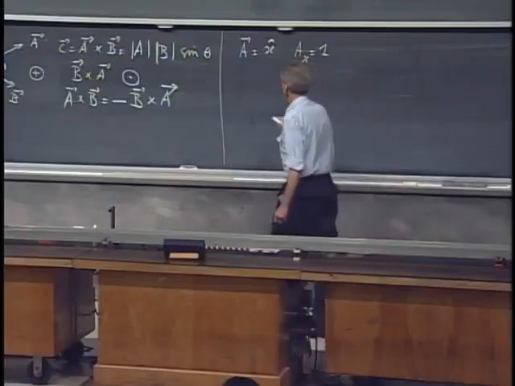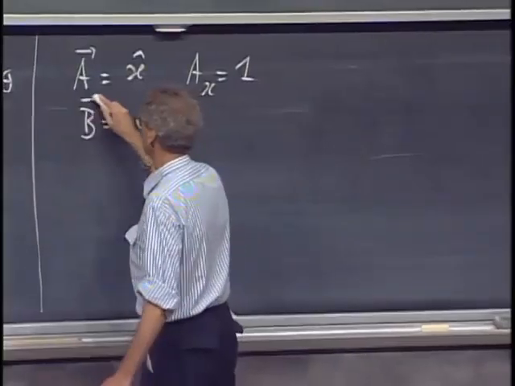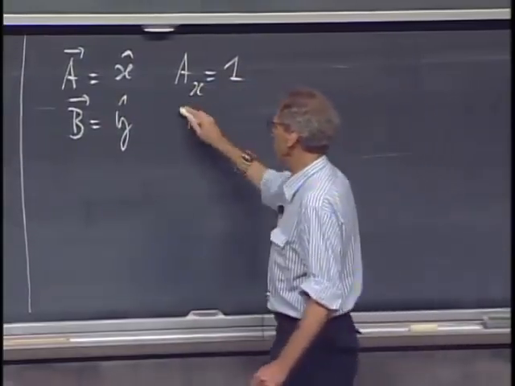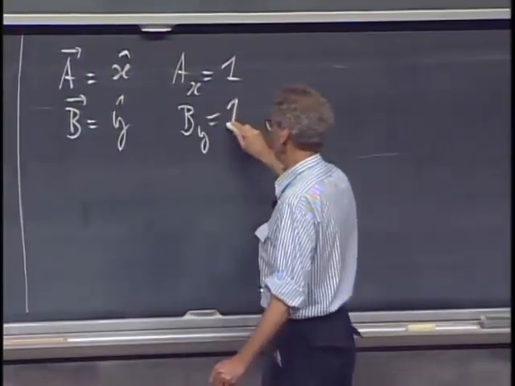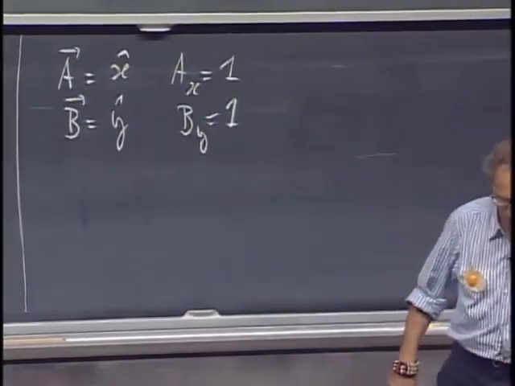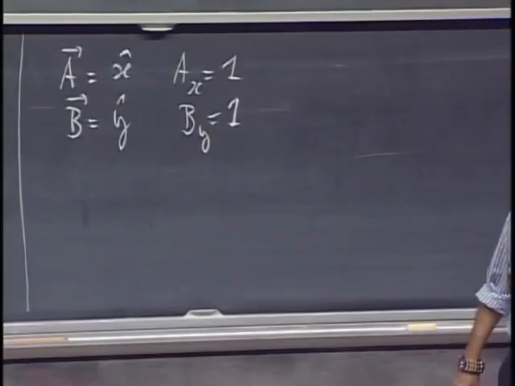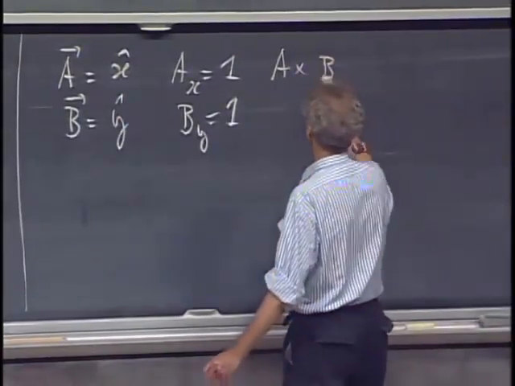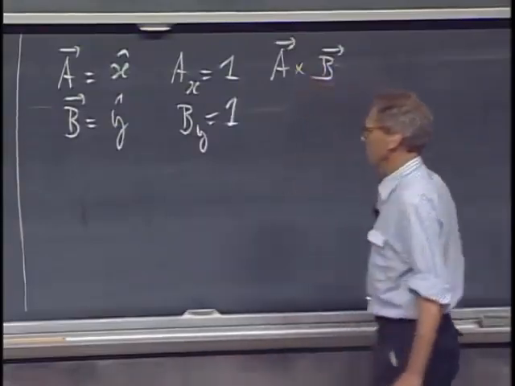And suppose B is y roof. That means B of y is 1, and B of x is 0, and B of z is 0. What now is the cross product A cross B?